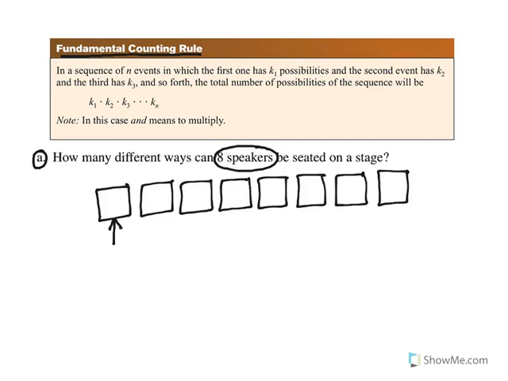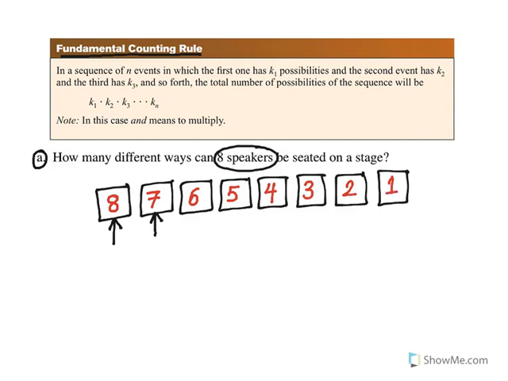Well, you can put any of the 8 speakers here. So we have 8 possibilities here. Now, once a person is chosen already, how many possibilities are left for the second seat? You can see 7 speakers are left. And then after that, it will be 6 possibilities, 5, 4, 3, 2, and 1.